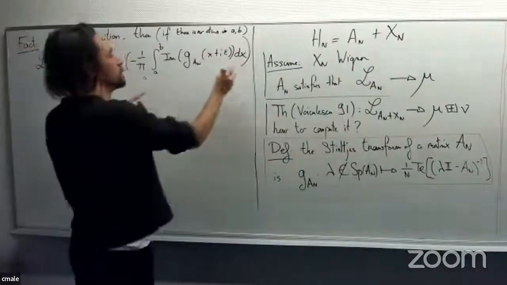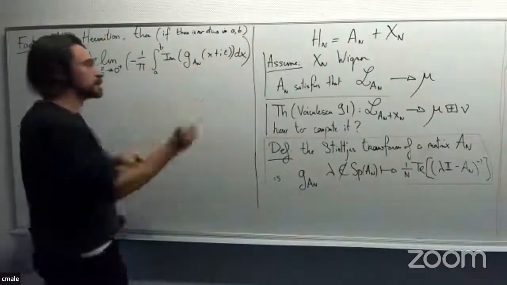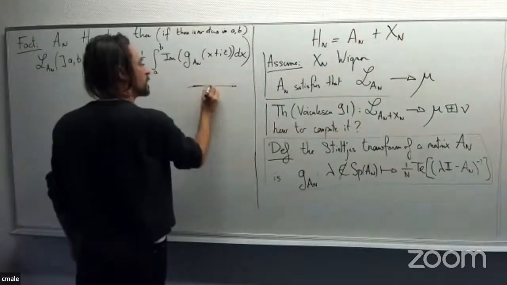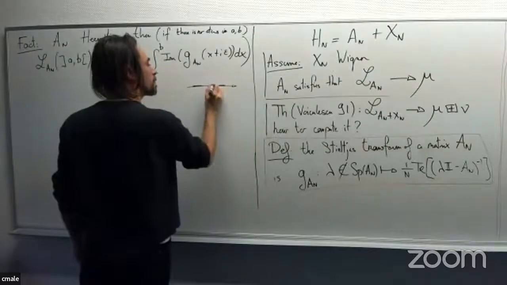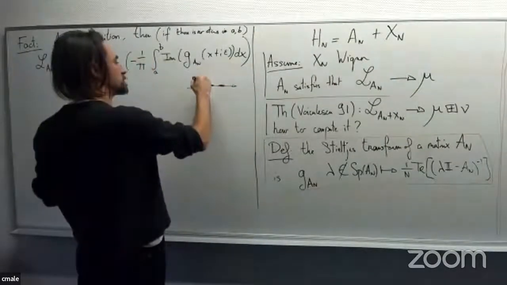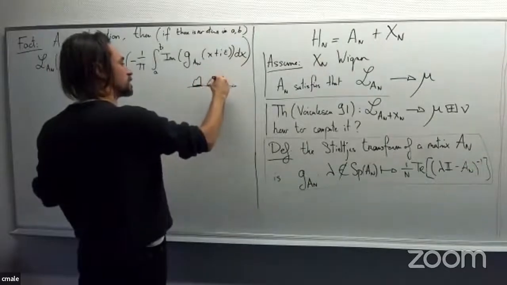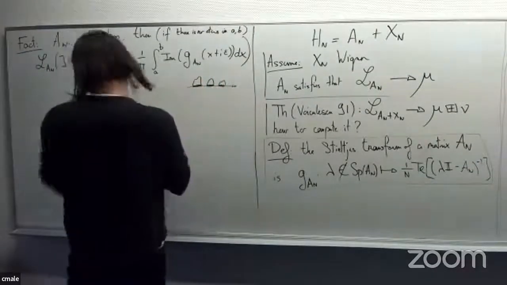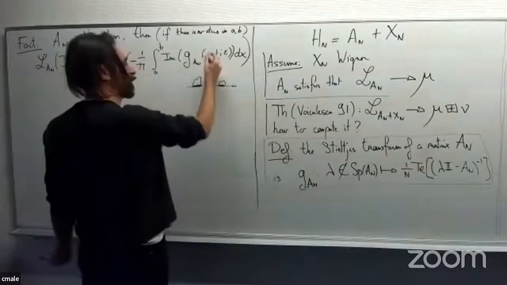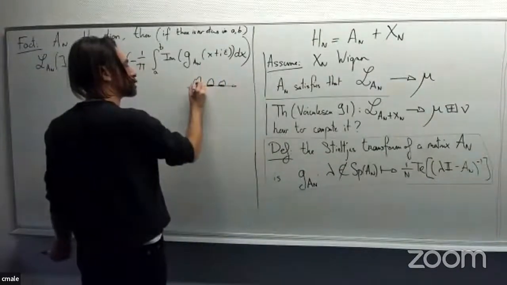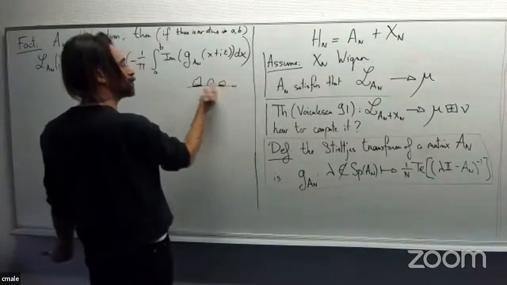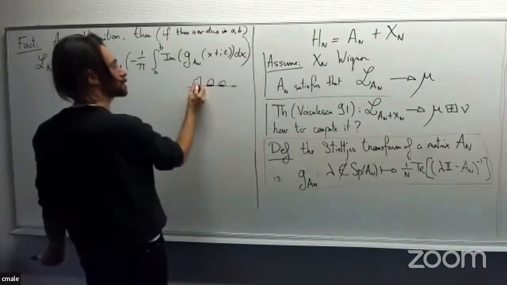So for a Hermitian matrix, the eigenvalues are located on the real line. And if you want to understand what is the distribution of eigenvalues, what is an approximation of this histogram, what you do is you consider a small parameter epsilon, and as x varies, you compute the Stieltjes transform at this point.